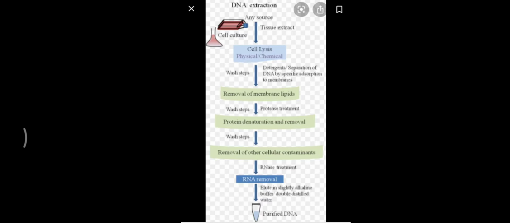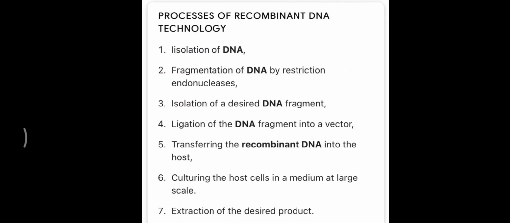Then the second step was fragmentation of DNA by restriction endonuclease. We have already learned in our previous lessons how the restriction endonuclease works. So whatever DNA is separated out, that DNA will be cut by the restriction enzyme.